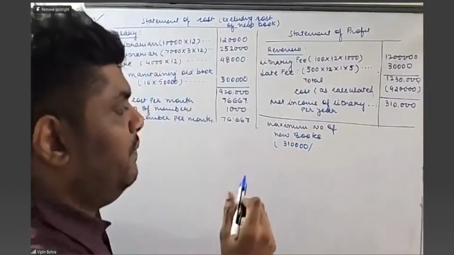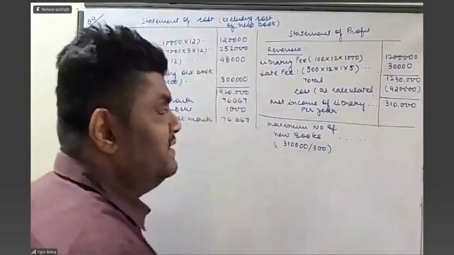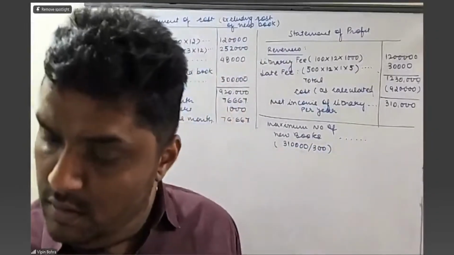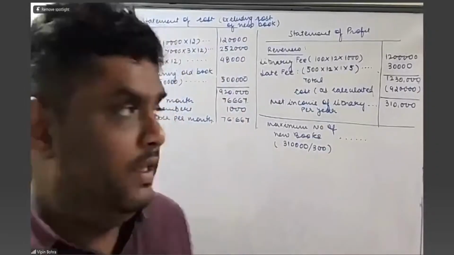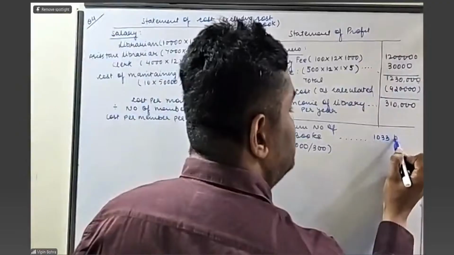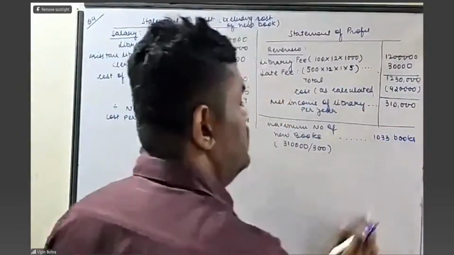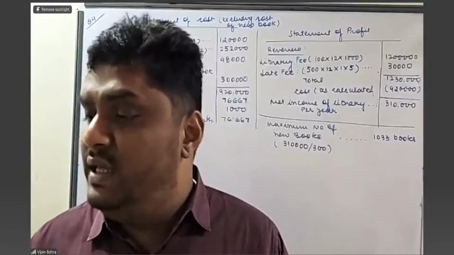Rupees 300 per book. So at the most, how many books can be purchased in a year? 1033.33. So in short, 1033 books can be purchased in a year. So at the most, 1033 books can be purchased in a year.